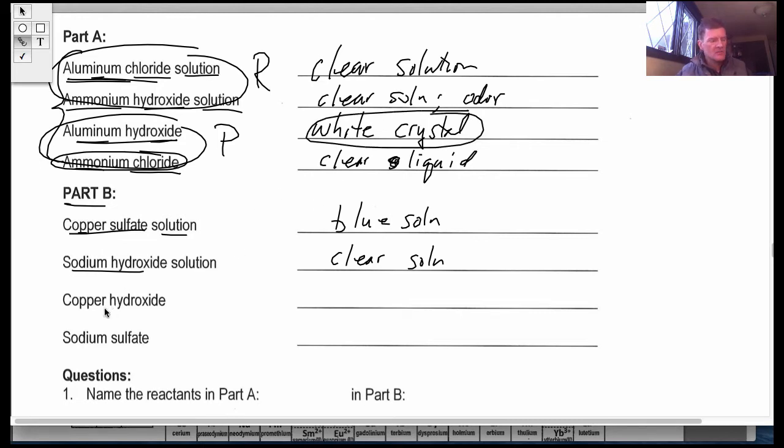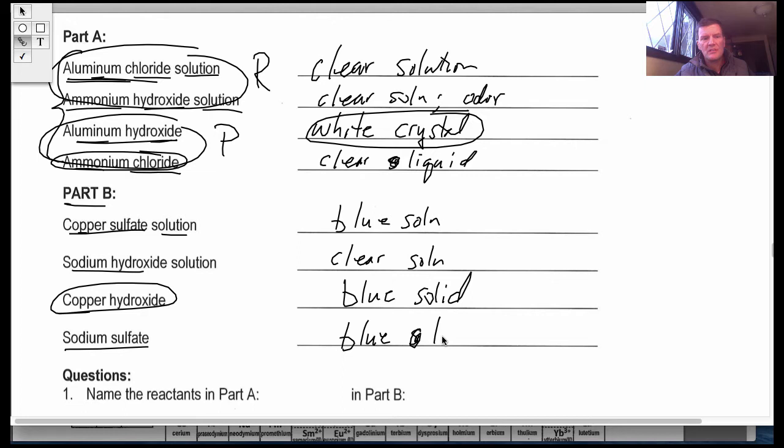This copper hydroxide is going to be our blue precipitate, a blue solid. And then the sodium sulfate is going to be kind of a bluish liquid here, but this one is the precipitate, the copper hydroxide. So we're going to see that in the lab.